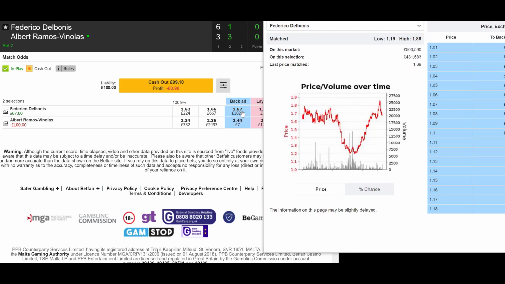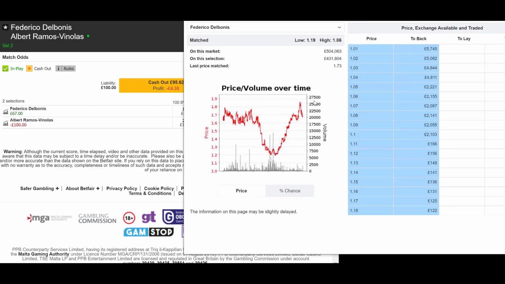So as part of our plan, we can back Del Bonis now at 1.67, knowing that we can back him again if he goes a bit higher, like around 1.8 or closer to 1.9, and take advantage of what is probably the true resistance point. It is probably around that 1.9 mark.